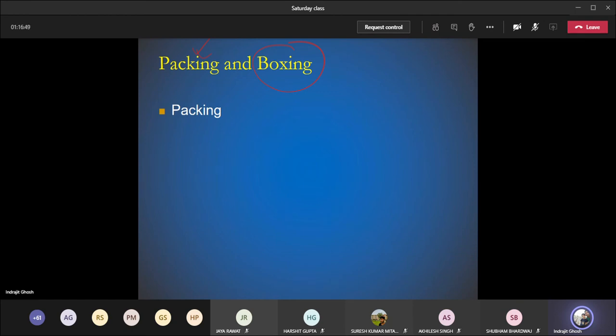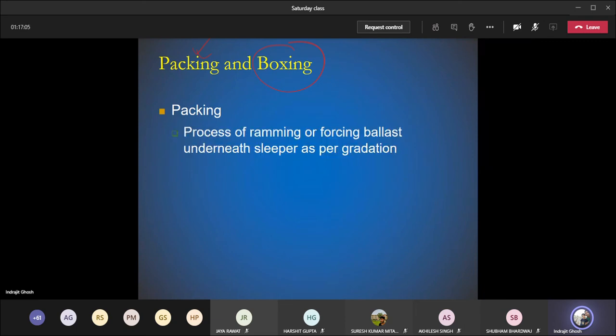So what is packing? Earlier I said that it is the compaction that we do in order to make sure that the voids are minimized in the ballast layer. But what is the formal definition? That I was trying to explain in layman's language. So packing is nothing but the process of ramming or forcing ballast underneath the sleeper as per gradation. Okay, you have to remember this. We have not talked about this earlier.